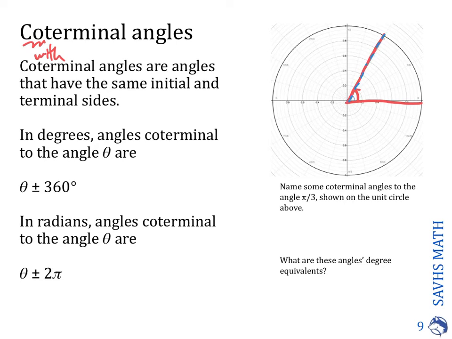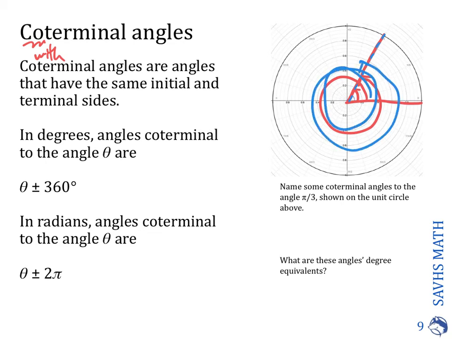So we could go around just this much, or we could go around a whole other time, or a whole other time. And those three angles are all coterminal because they all end at the same spot on the graph.